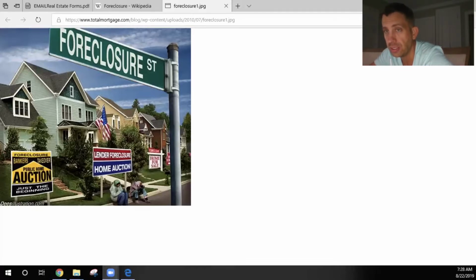Here's another caution on the HUD homes. It's a great option if you're prepared to do this and you're wanting to buy a home that you want to live in, because a lot of these HUD homes, they oftentimes line them up to sell to individuals that want to move into them, right?